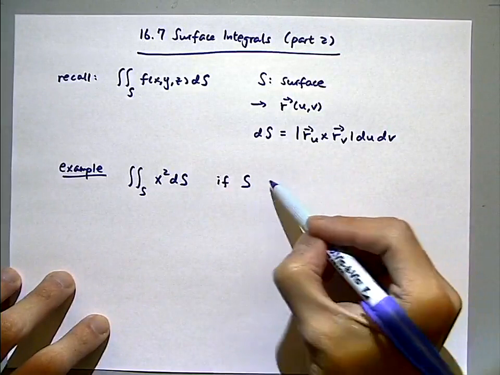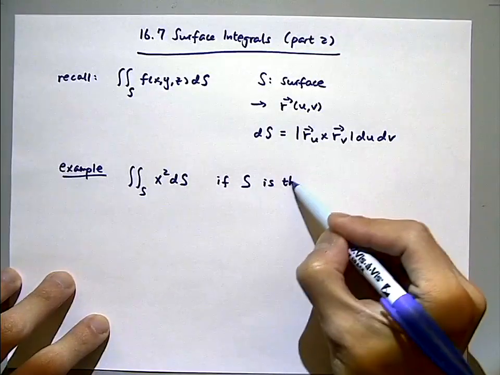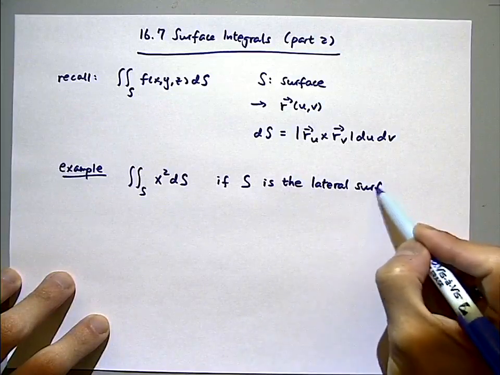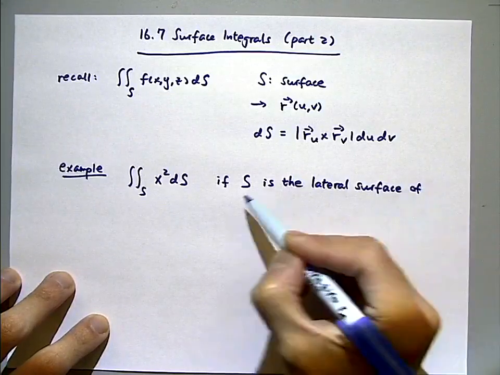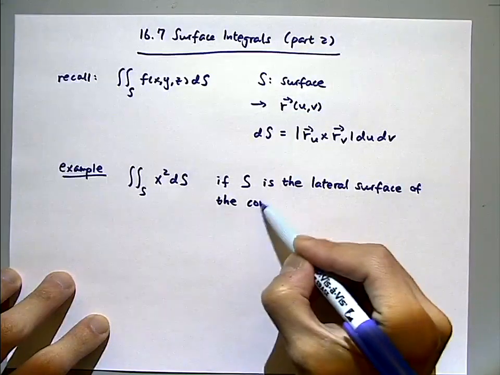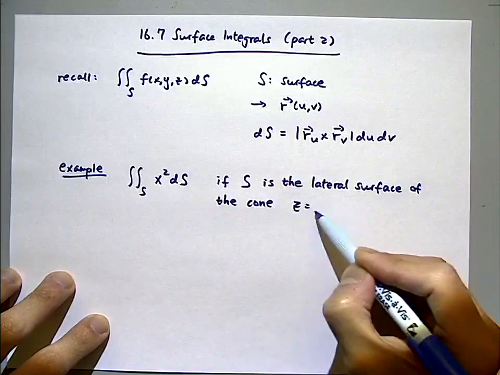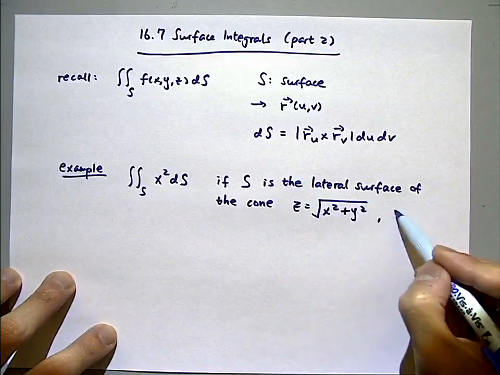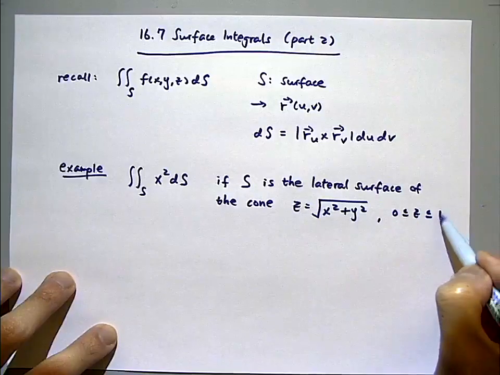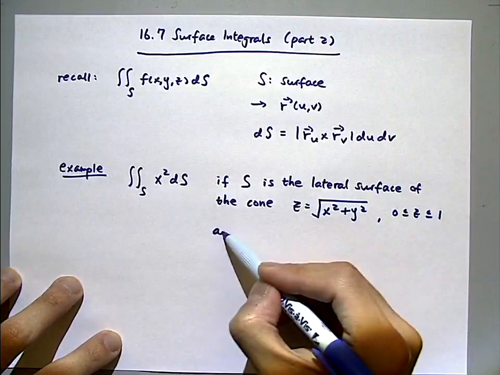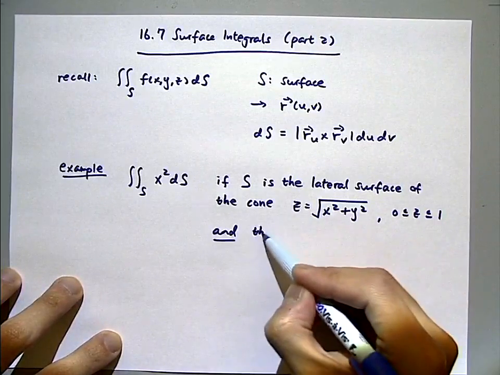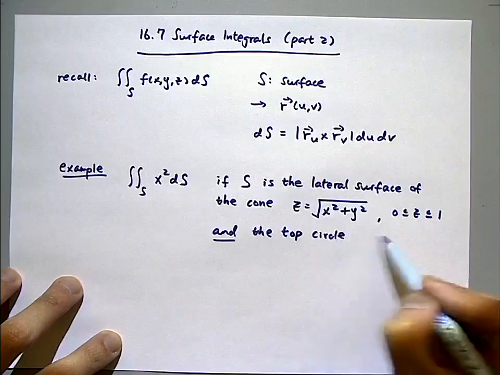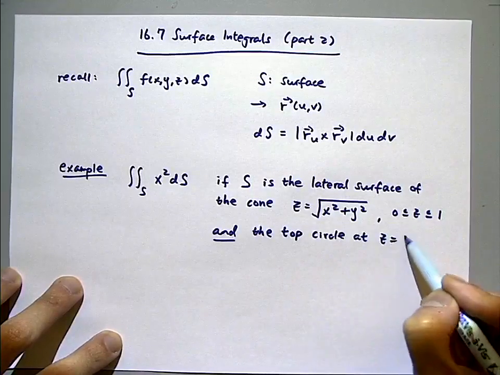And let's say S is the lateral surface of the cone z is equal to the square root of x squared plus y squared, z is between 0 and 1, and the top circle at z is equal to 1.